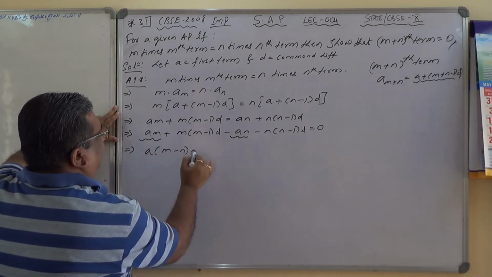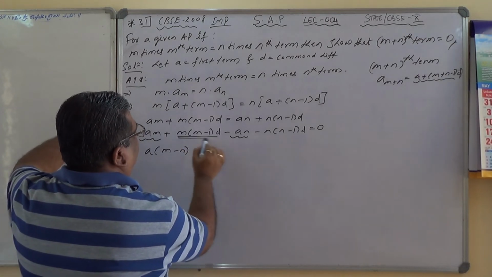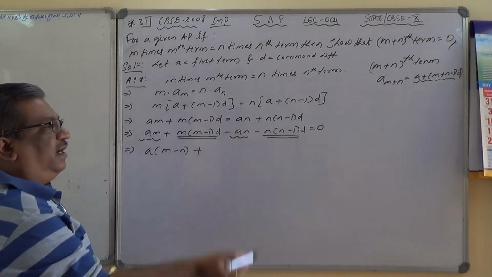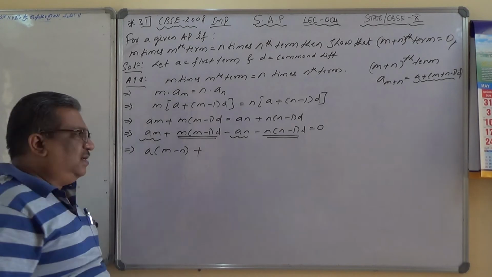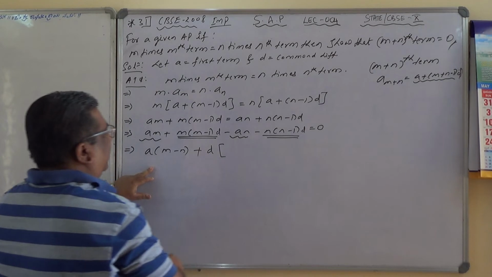A times m minus n, plus what is common out of these two terms here, this one and this one? D is common. Take D out first so that the equation will be in terms of A and D, isn't it? So let me take a common D here, inside the bracket.